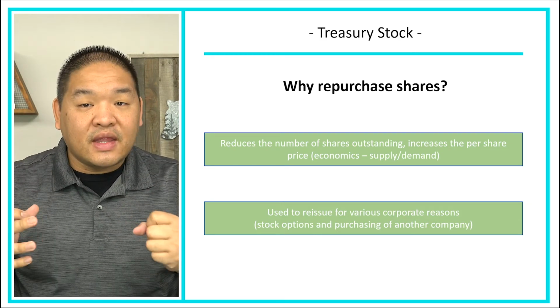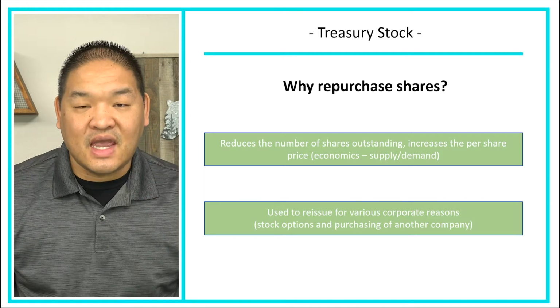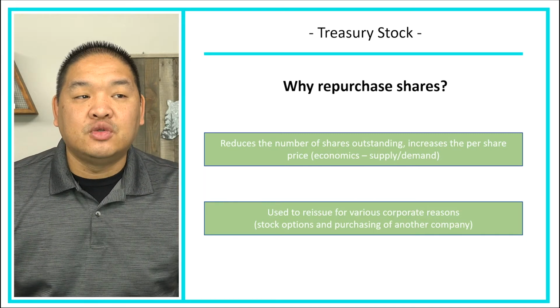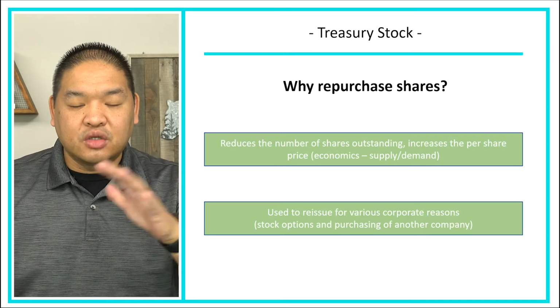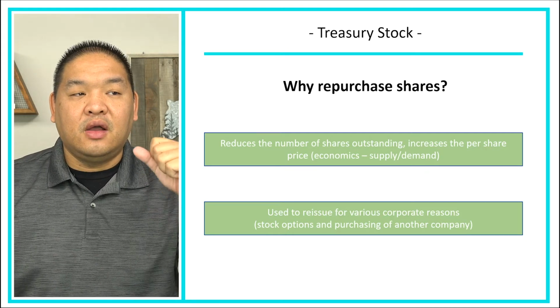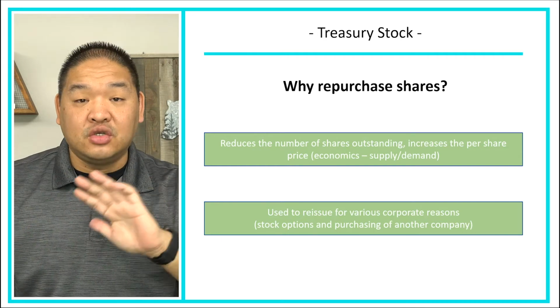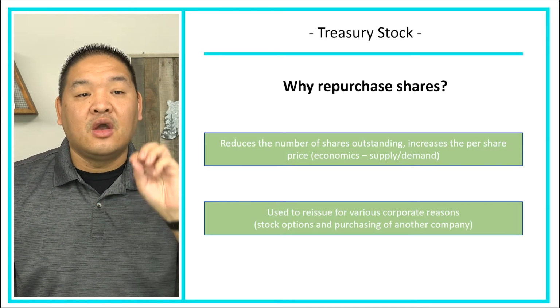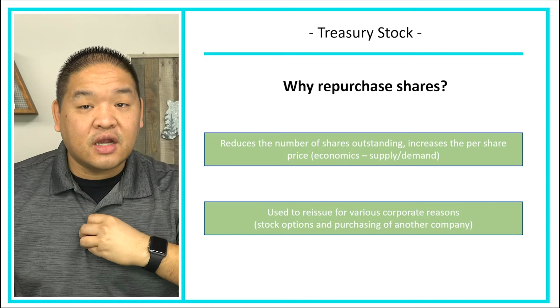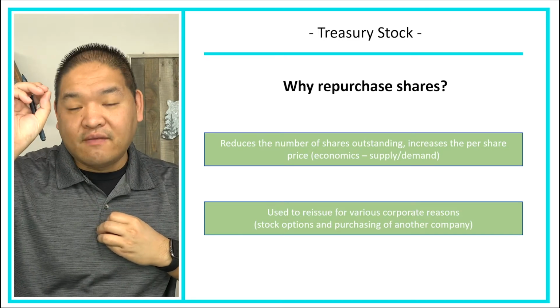So by doing that, we have to have shares to be able to facilitate those transactions. A lot of times you will see corporate purchases that are either part cash and part stock, or all stock. So no cash exchange. Literally, it's we're going to issue 2 of our shares for every 1 share you have in this old company.